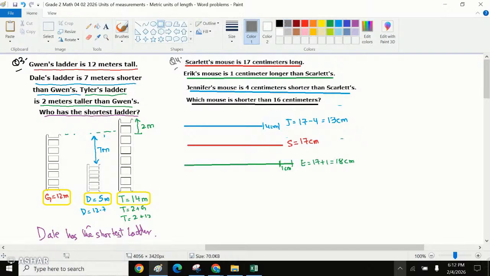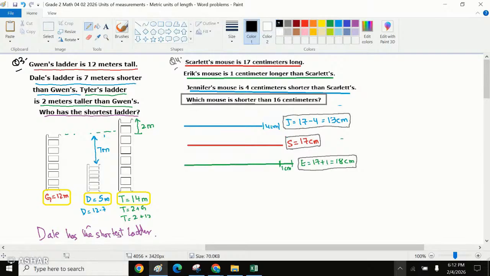Scarlett was 17 centimeters, it's not shorter. Eric was 18 centimeters, but Jennifer's mouse was 13, right? Agreed?